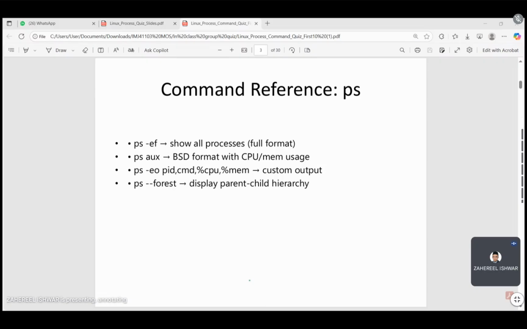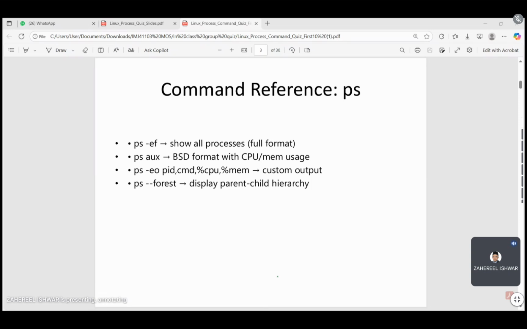Yeah, what do you get to see? It's processes, but more detailed. So you have UID, PPID, PID, C, STIME, TTY. What is TTY here? TIME, CMD, right?